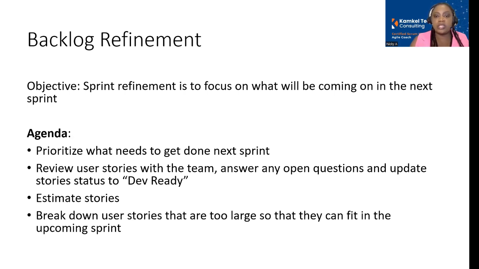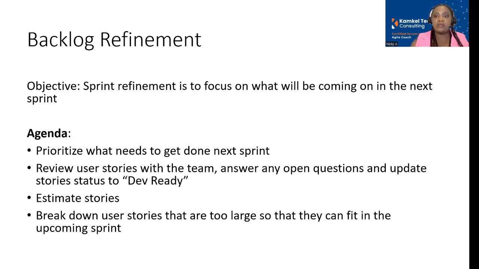They will ask questions for the product owner to give them clarity, or just discuss amongst themselves, to make sure that the story meets the definition of ready. Once you review the story and it meets the definition of ready, you can mark the story dev ready. That just means that this story has been refined and is ready to be pulled into the sprint when you get into your sprint planning meeting.